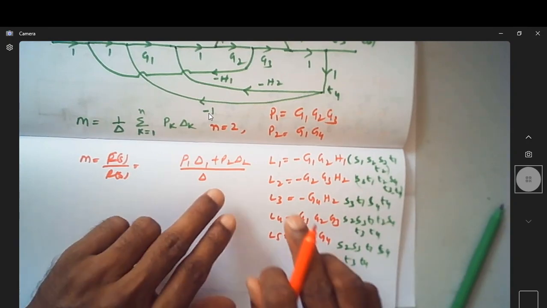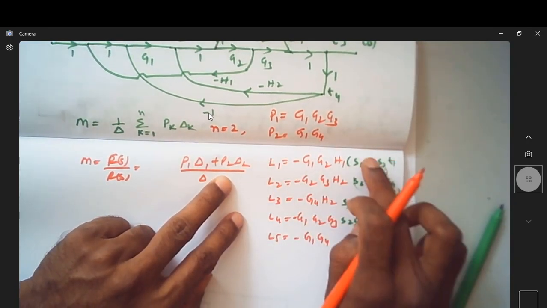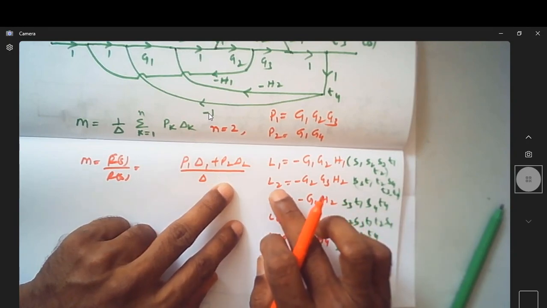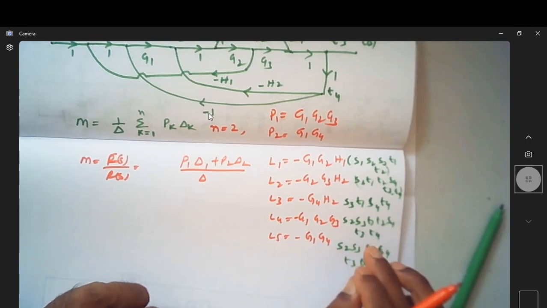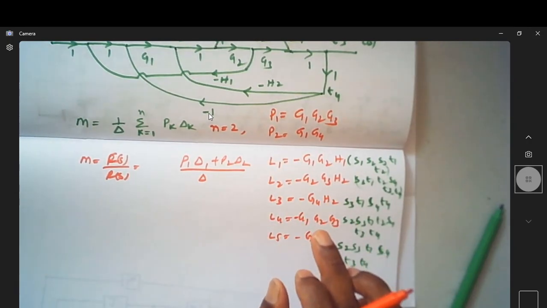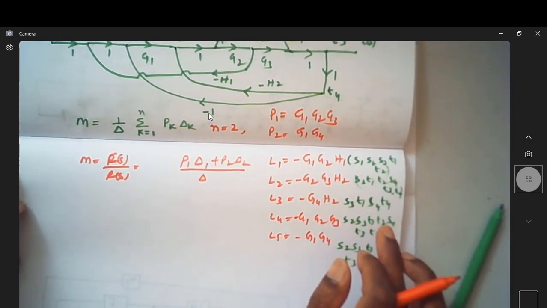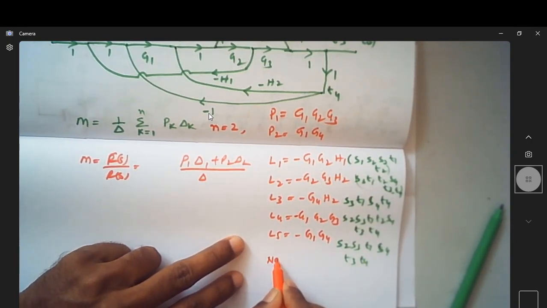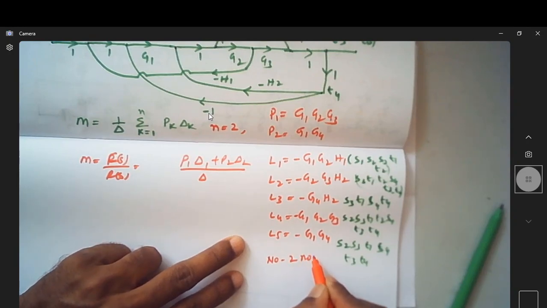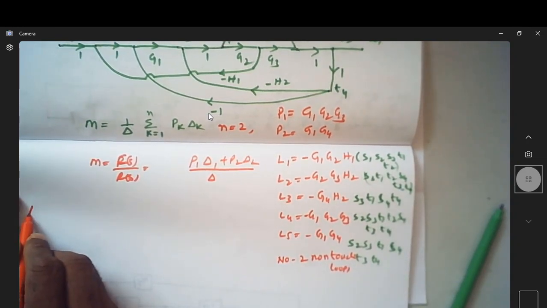Let me repeat. All the loops have at least one node common to each one of them. So in such a case, there are no two non-touching loops.